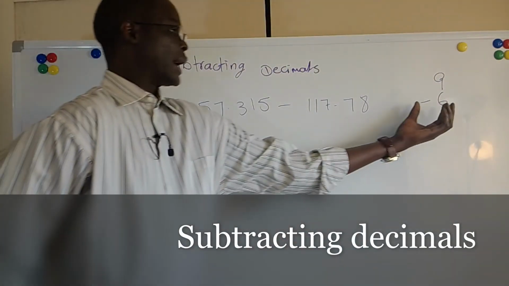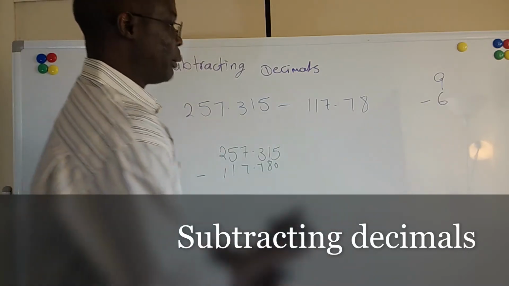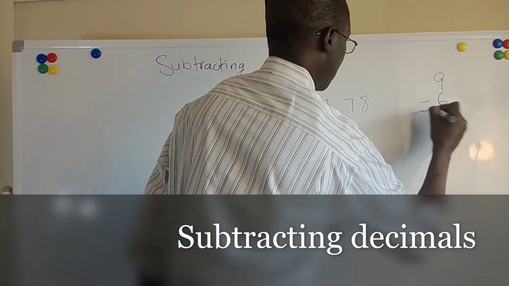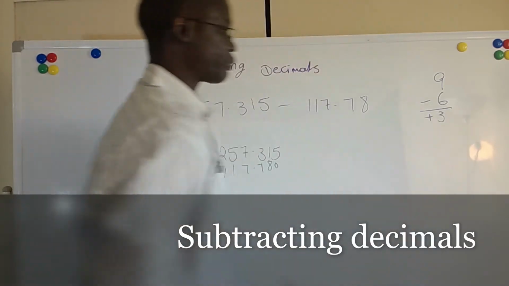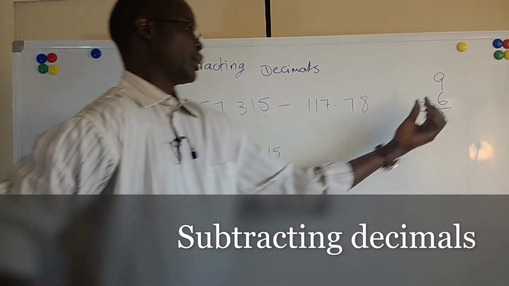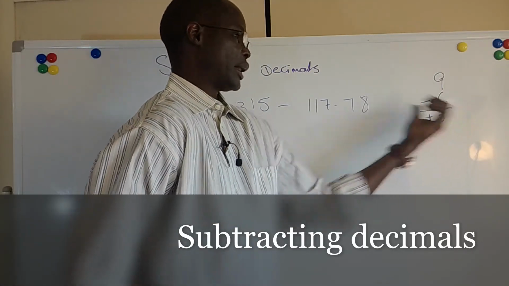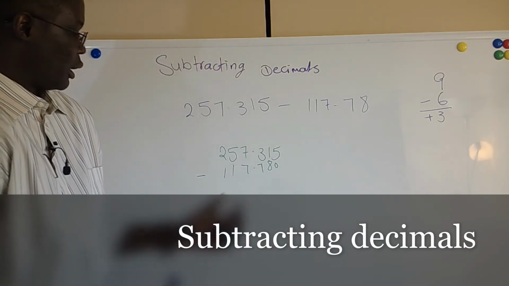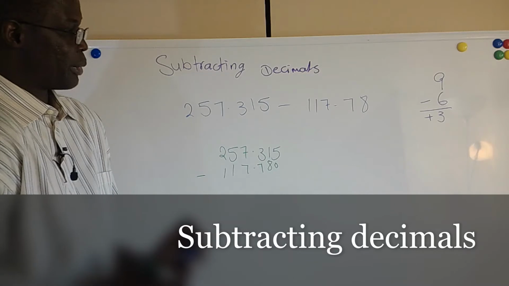Because 9 is greater than 6, the answer will be 3, which is positive 3, because the plus sign, or the positive, is greater than the negative. And that can apply to the example we have.